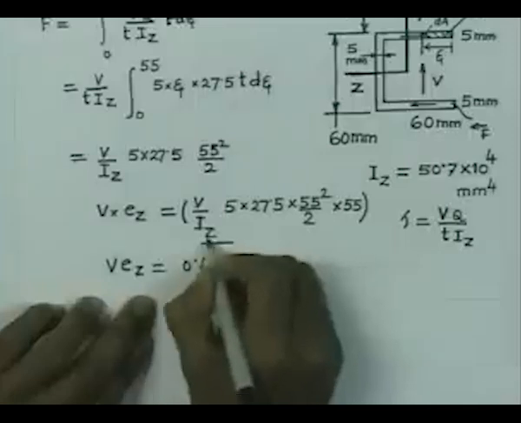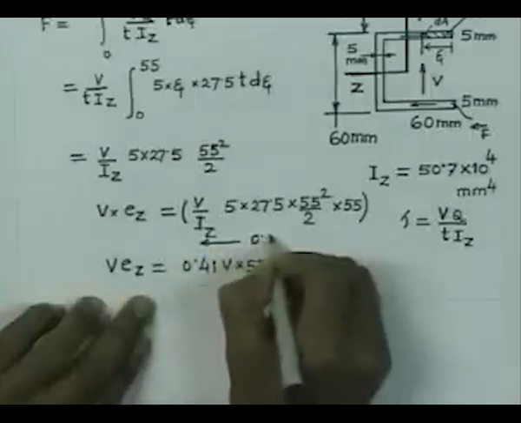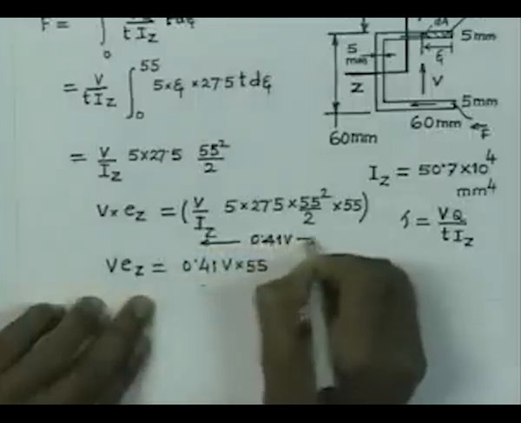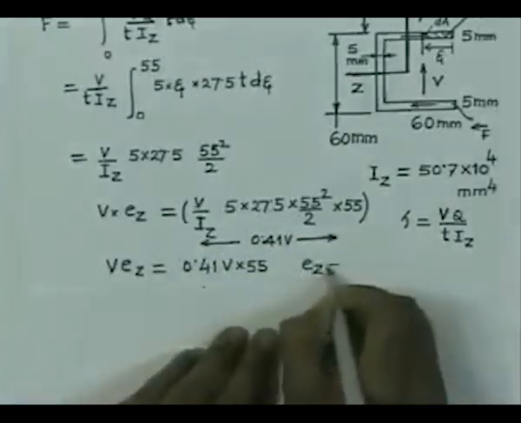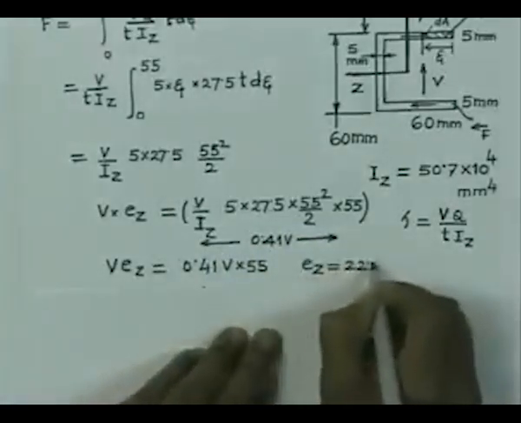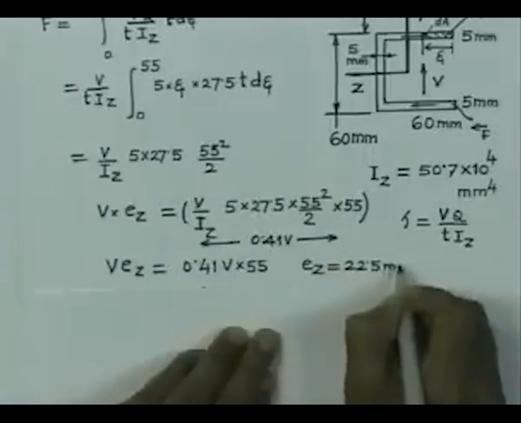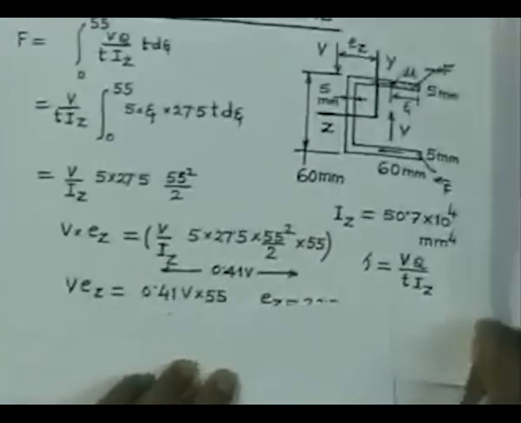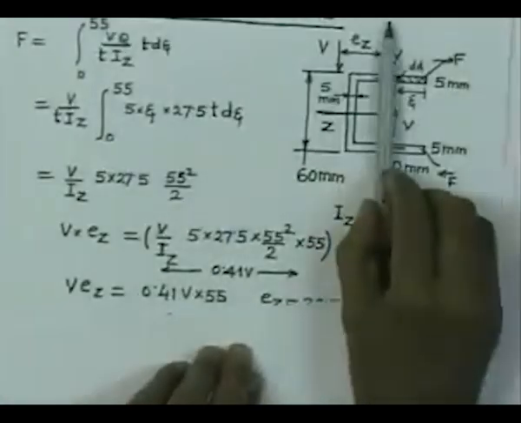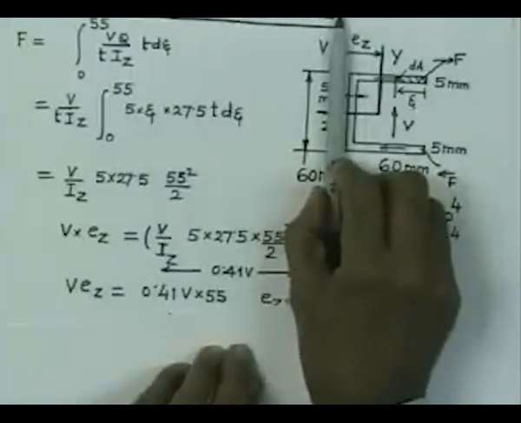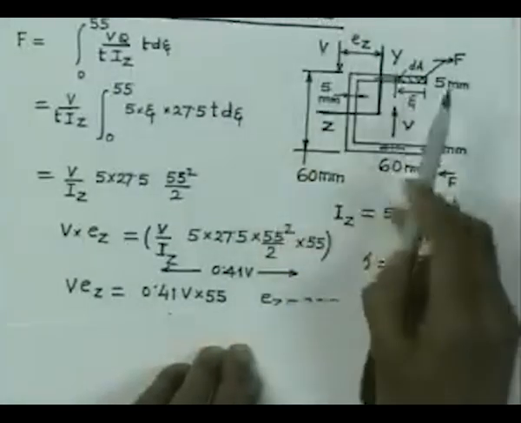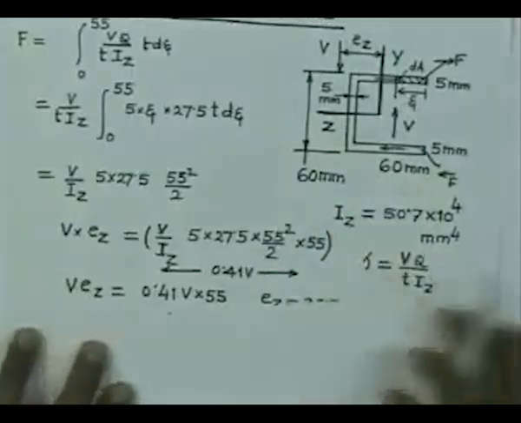So, this is nothing but 41 V, and hence E z is equal to 22.5 millimeter. So, the plane of loading cannot be y plane, it must be at a distance of 22.5 millimeter from the y axis, then only the twisting of the cross section can be prevented.